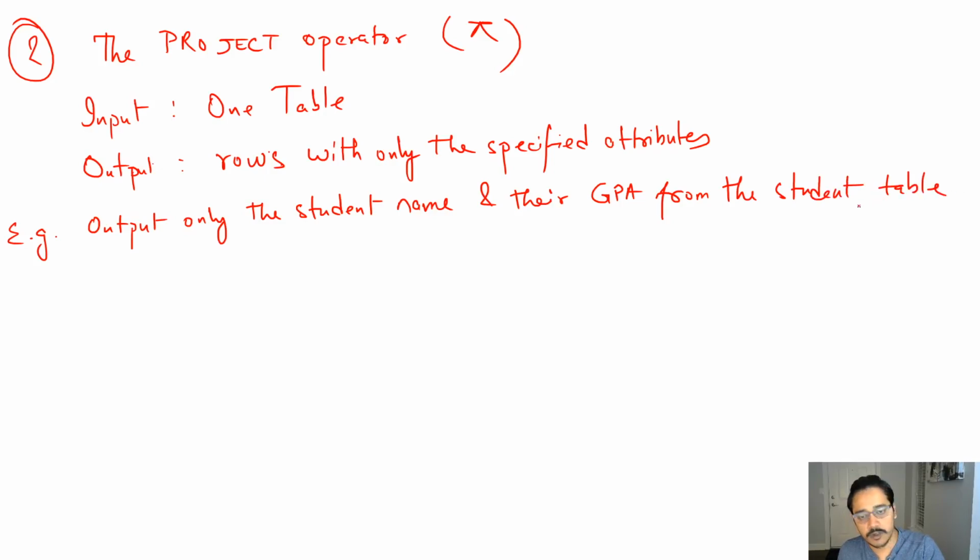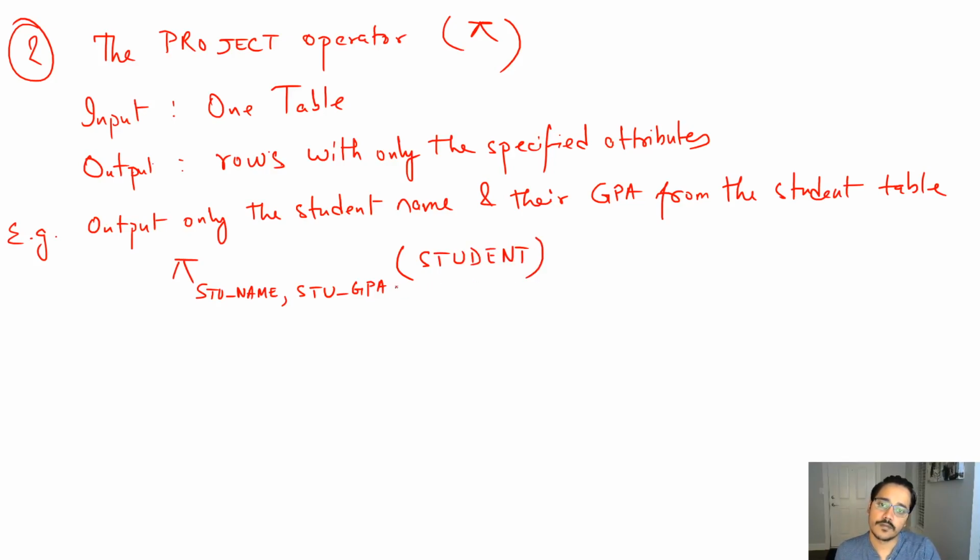So if this is our goal and we want to express this in the relational algebra format, then what we will be doing is we will be taking the aid of the project operator, and then we will be specifying student name, comma, student GPA from the table student. So this is pretty straightforward, right?